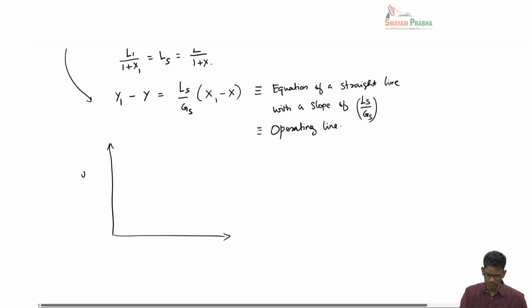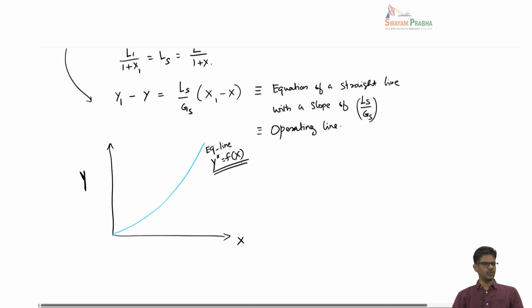So I have converted to mole ratio units, Y versus X, and this may be your equilibrium line, Y star is equal to a function of X star. Note that I am using capital X and capital Y because I am using mole ratio units.